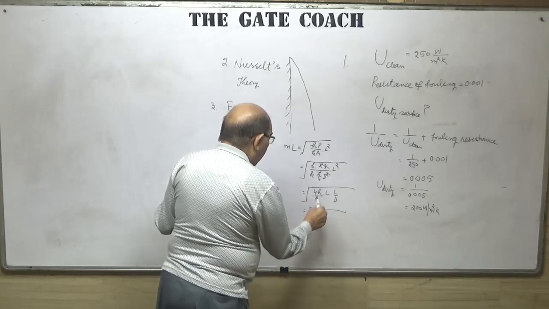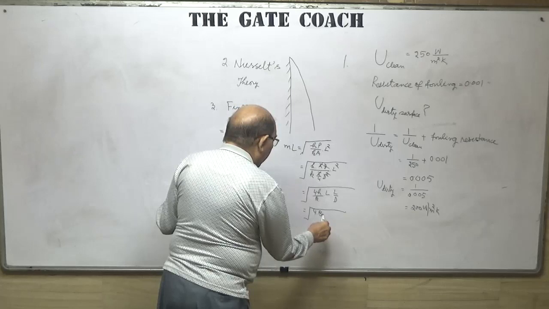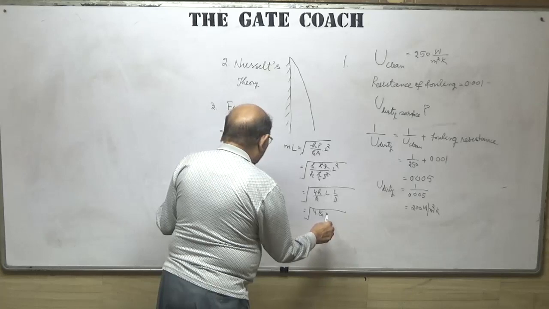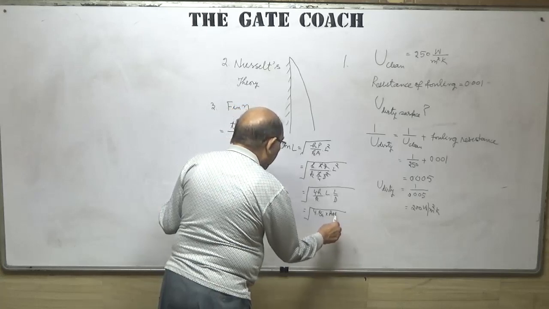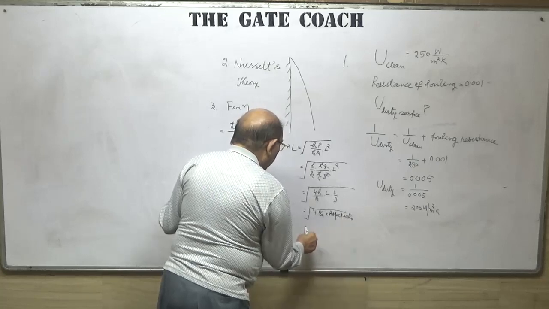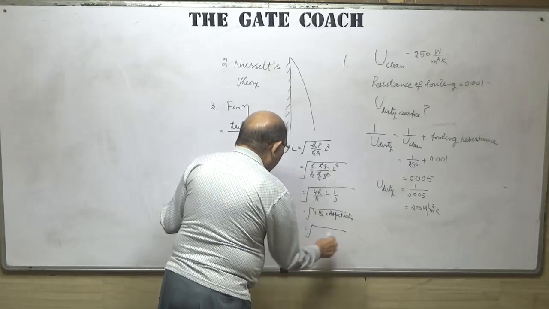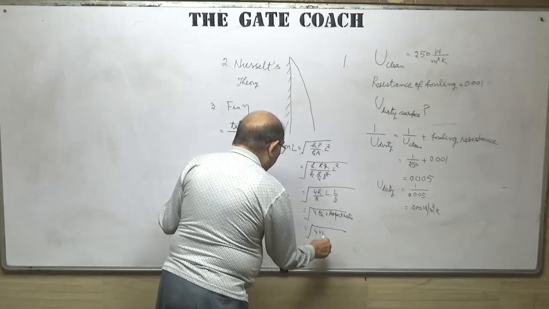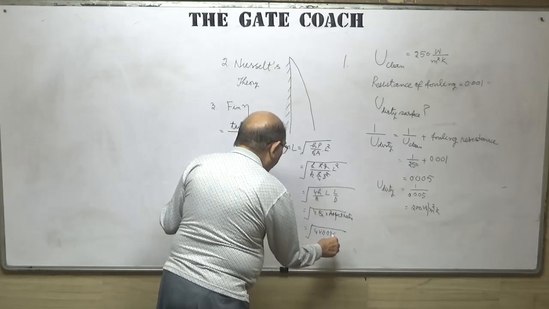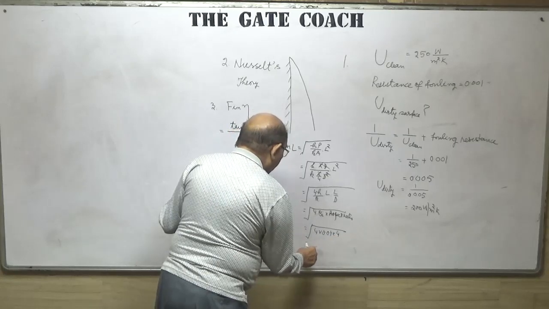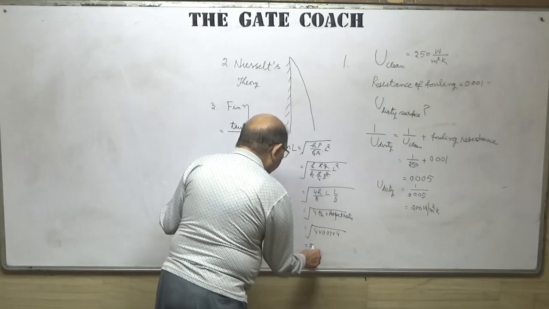Four hL upon k is Biot number. L by D is the aspect ratio. Biot number is given as 0.04 and aspect ratio is given as 4. This becomes under root of 0.64, that is 0.8.